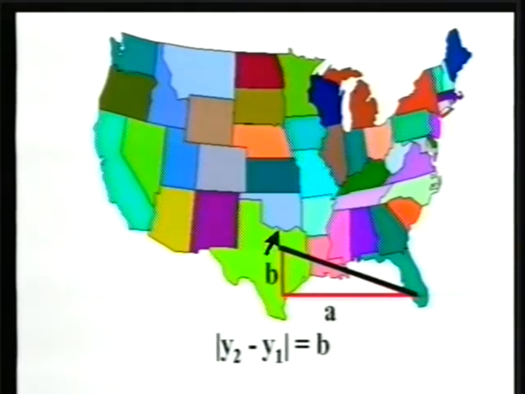The y values of the coordinates from this point and this point would give us our side B. And again, the x values from this point to this one would give us our side A.